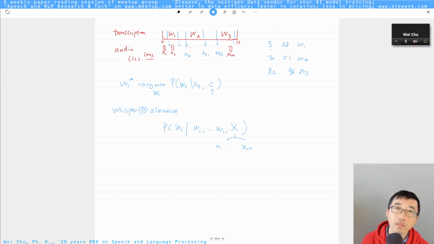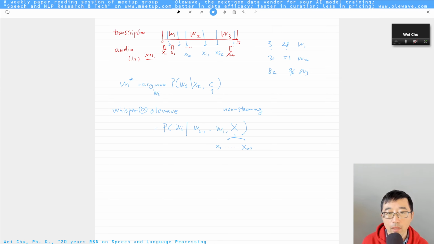Why? Because the Whisper model is a non-streaming model. To get the ASR output, it needs to look at all the audio frames, other than just looking at the current frame or adjacent frames or block frames.